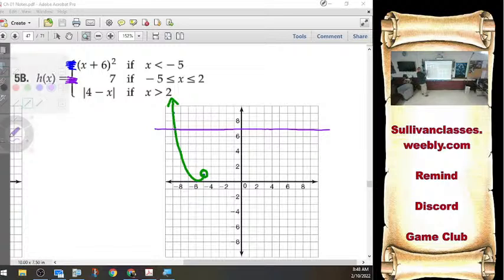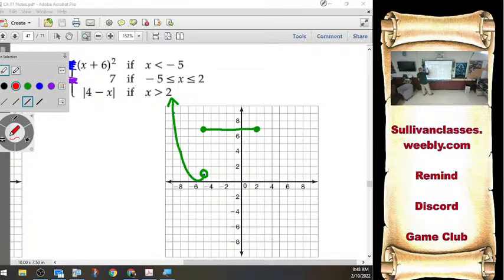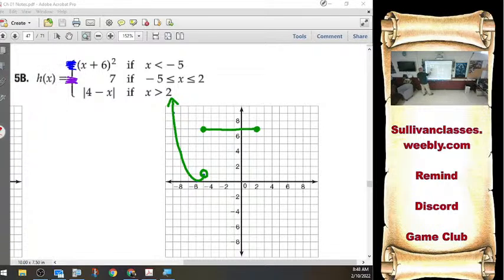But I only care about that graph from 5 over to 2, both with closed circles, because it equals. Then get rid of the part that doesn't matter. This one.